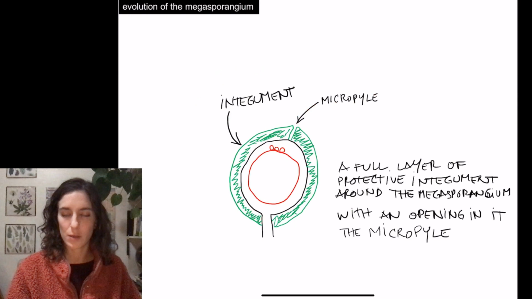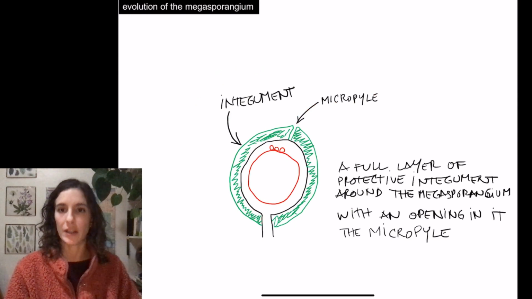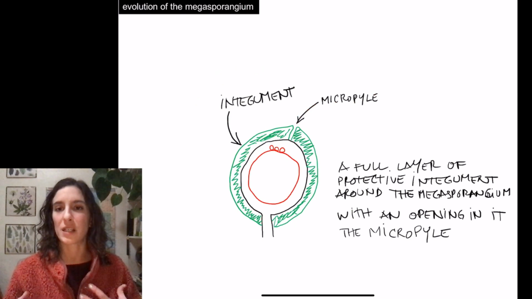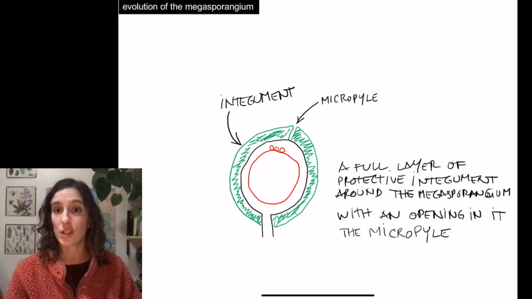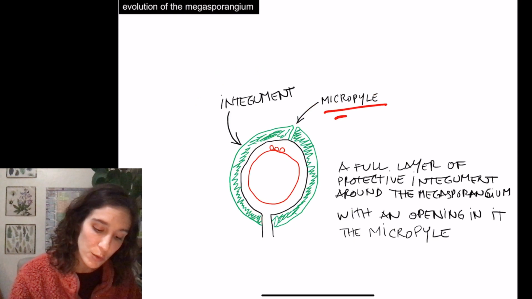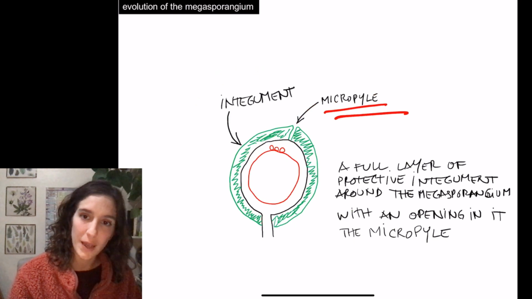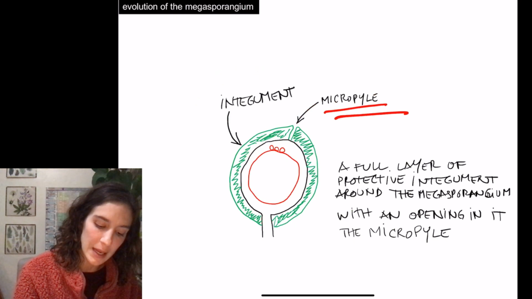Now, we know that eventually the megasporangium is what's going to form the megagametophyte and therefore an egg, and we're going to need fertilization to take place at some point. And so we're going to need some sort of opening. And so there is this little opening in the integument, and it's called the micropyle right there.